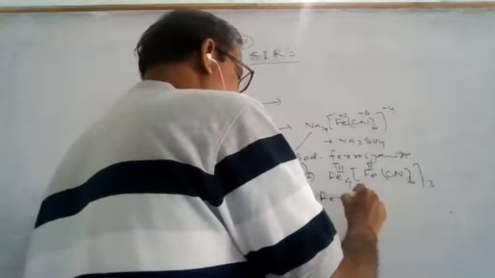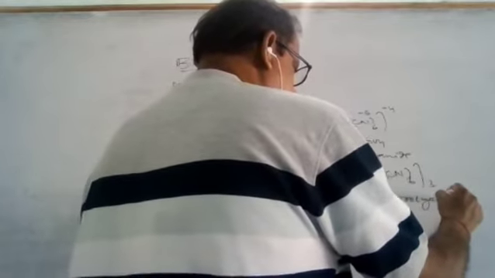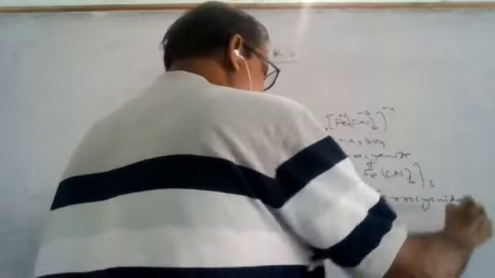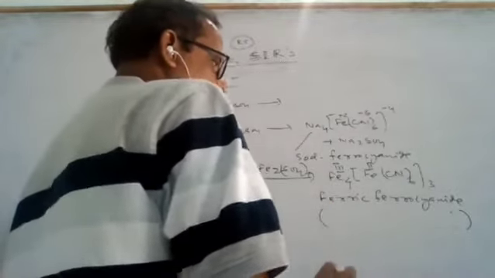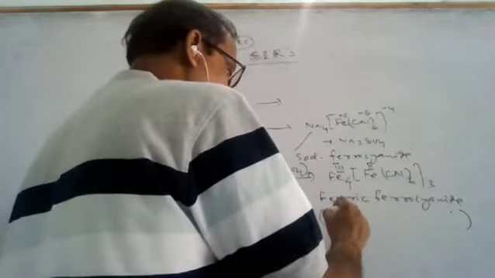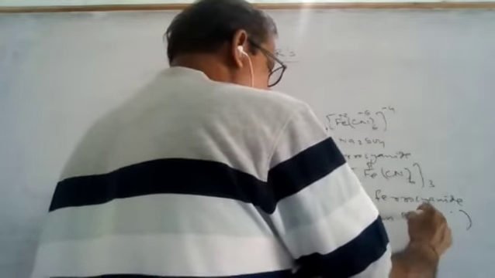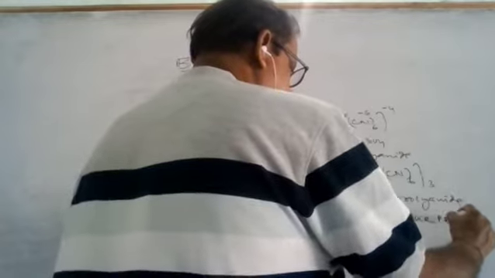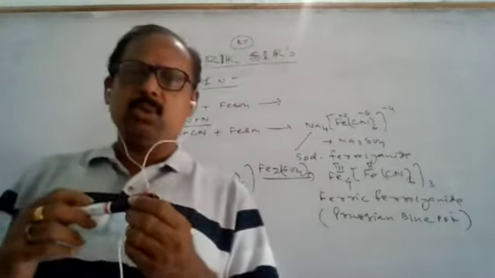So this is called ferric ferrocyanide. Many times the question asks what is the oxidation state of iron. One is plus 2 and another is plus 3. That ferric ferrocyanide is called the Prussian blue precipitate. Many times the question asks this also.